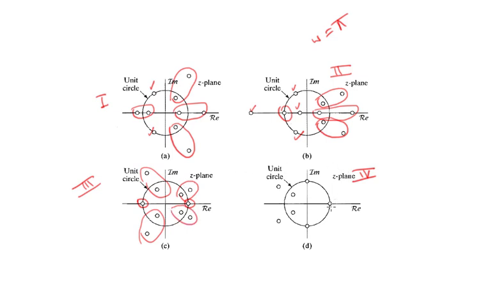And in type 4, you have a 0 at omega is equal to 0, whereas the zeros which are not on unit circle, they appear as conjugate reciprocal form.